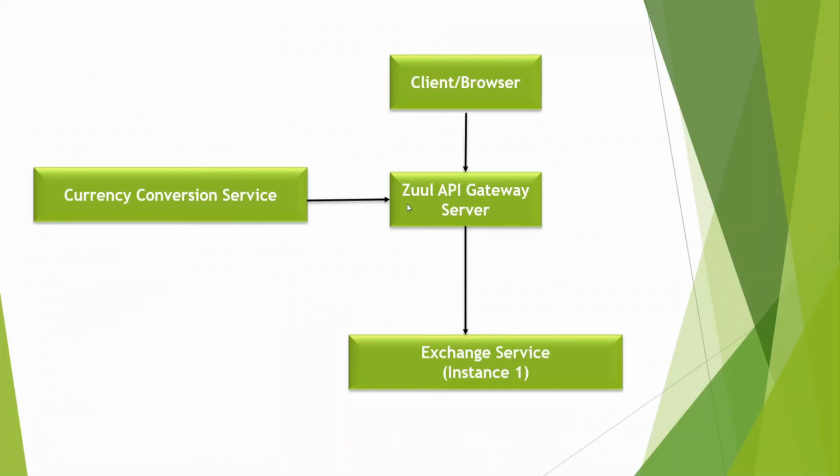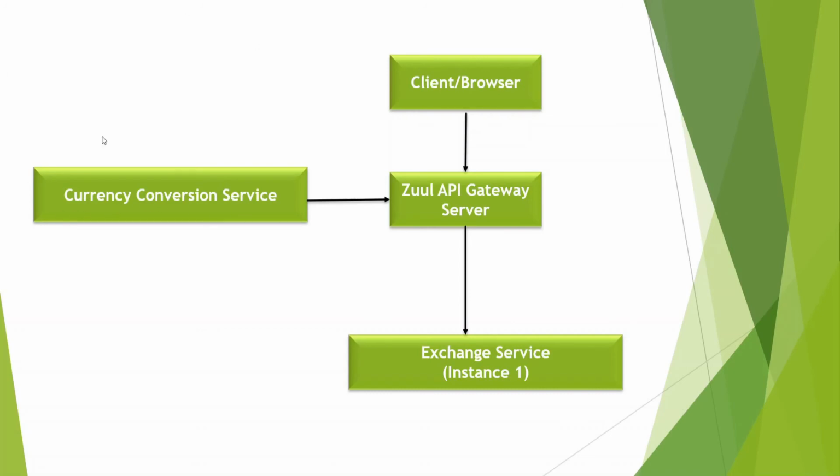We saw that the currency conversion service was calling the exchange service via the Zuul API gateway server, and if you are calling from the client, the Zuul API gateway server will be called. So even though the currency conversion service is getting called via the Zuul API gateway server, the gateway also plays a role before the currency conversion service.